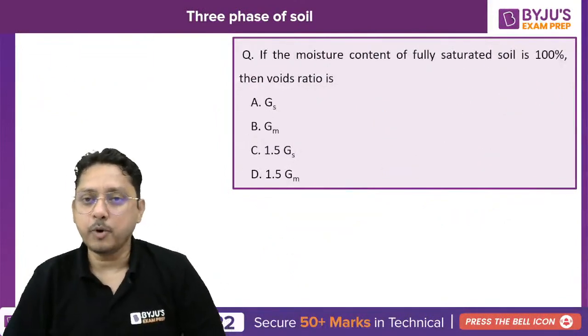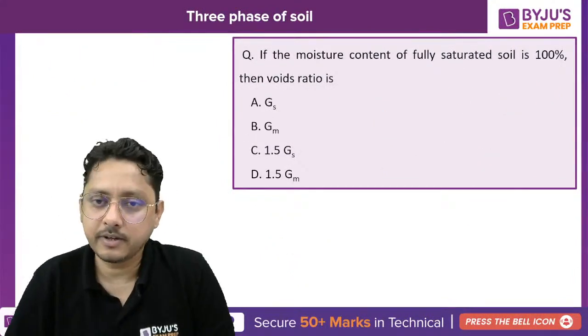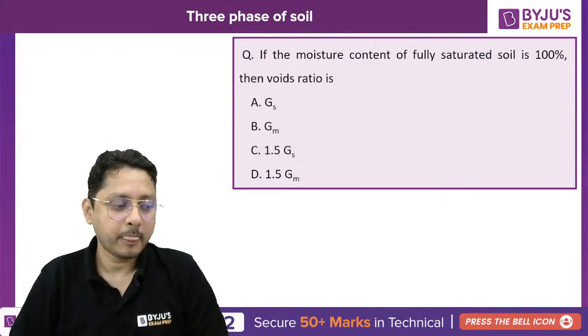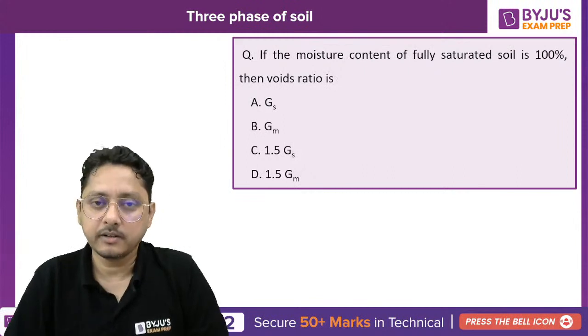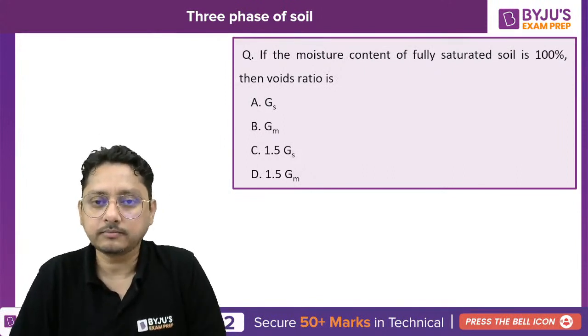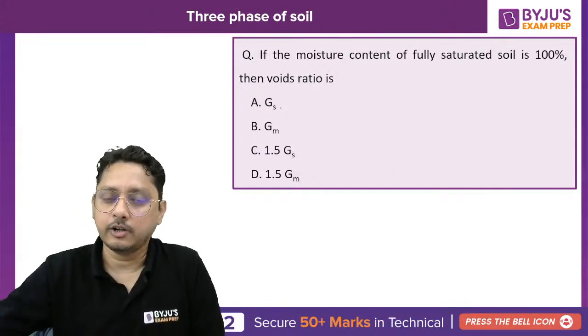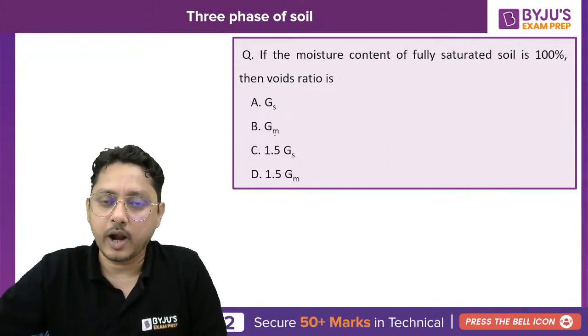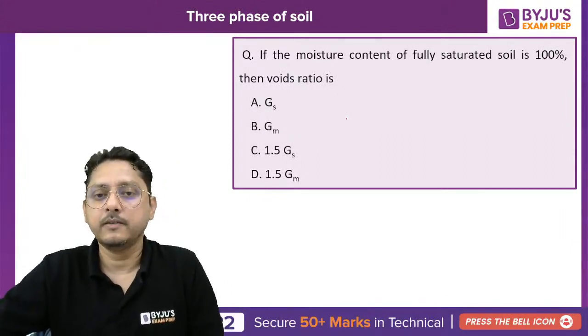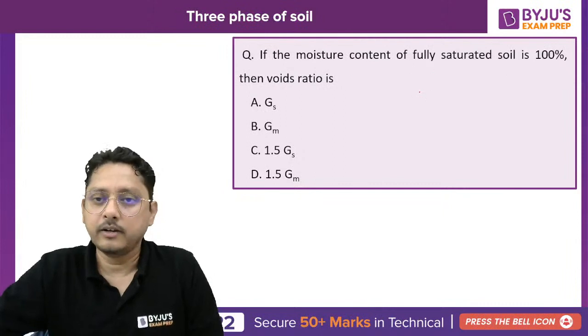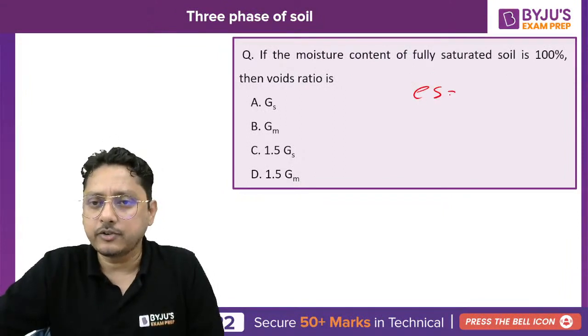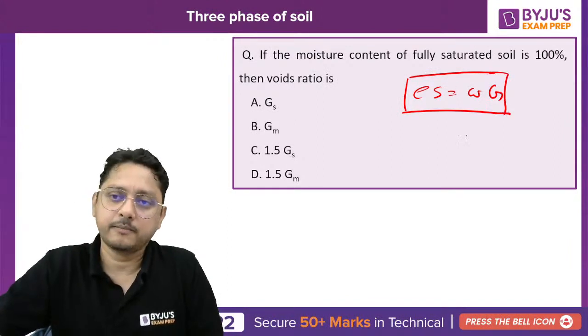Solve another one. If the moisture content of a fully saturated soil is 100%, then what will be the void ratio? GS represents the true specific gravity and GM represents the apparent specific gravity. If you write ES equals WG, there are two pieces of information provided here.